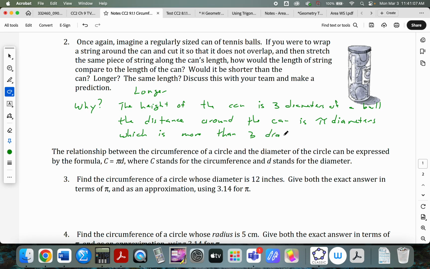So if it was 4 tennis balls, that would mean it would be shorter? No, if it was only 2 tennis balls, it'd be a lot bigger. I meant 4. Yeah, if it was 4, it would be less.